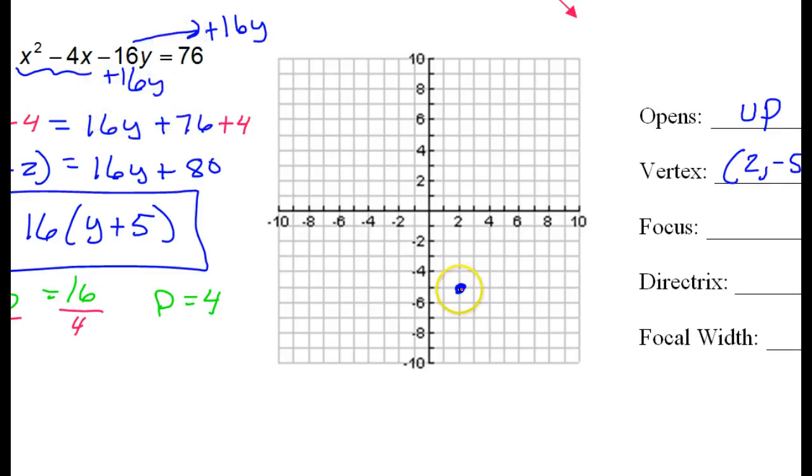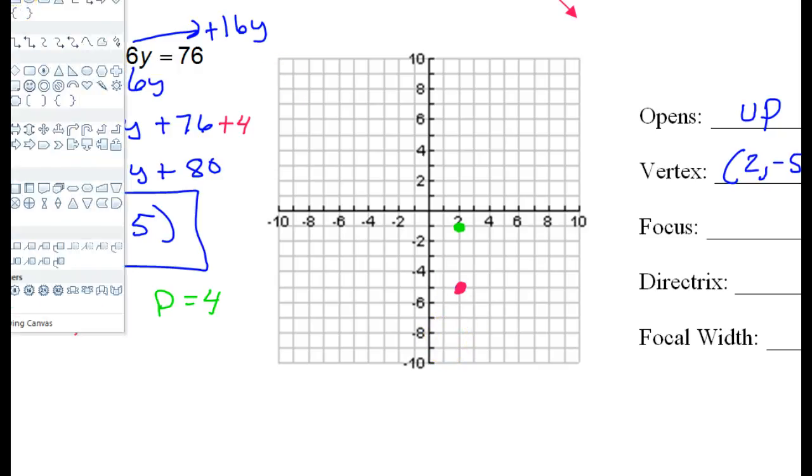Hold on, I wanted this to be pink. Yeah, this tells me where to put the focus. I knew it would be up. Now I know it will be up 4 from the vertex. So here's the focus.